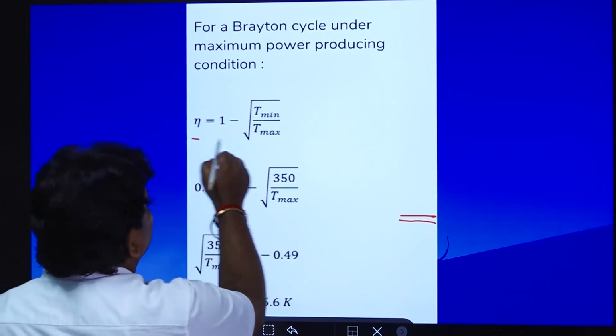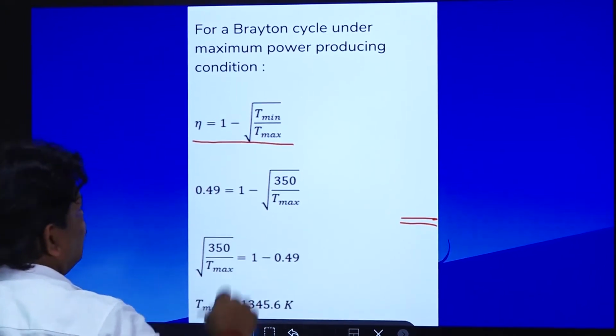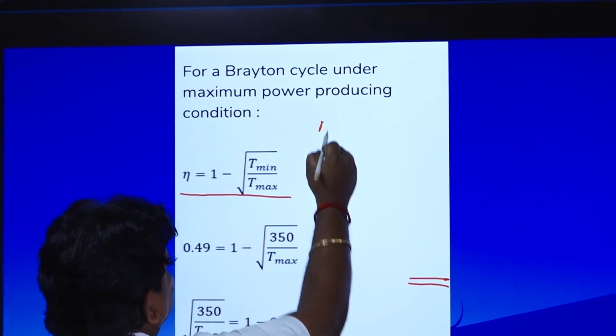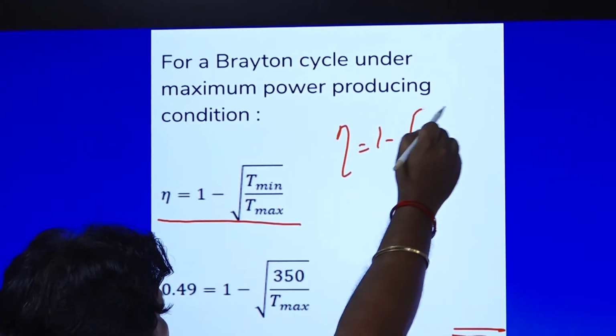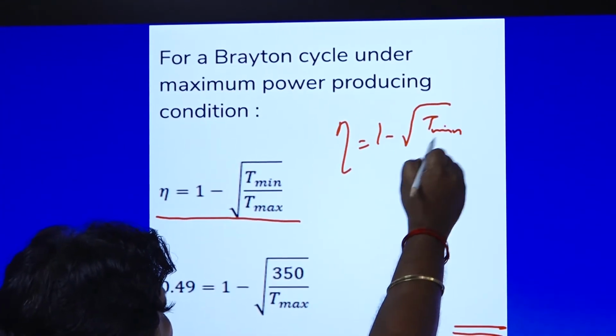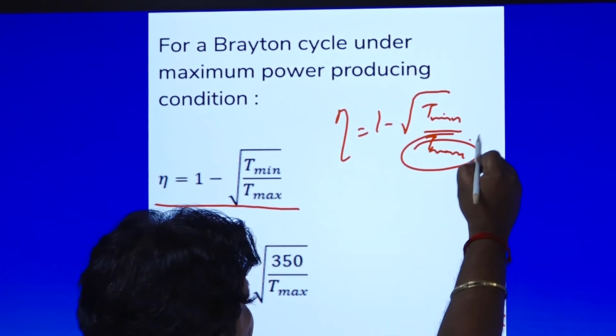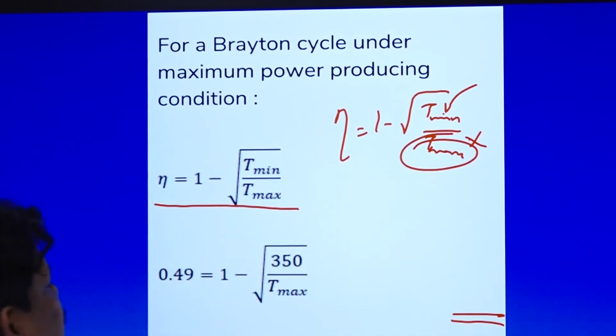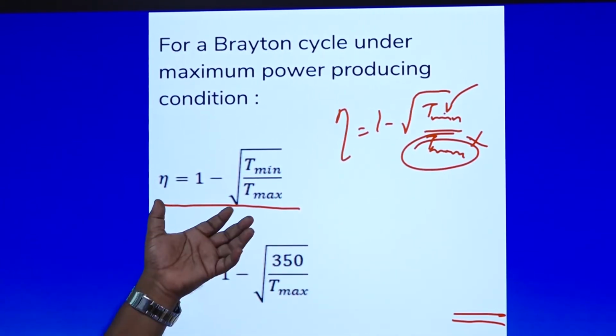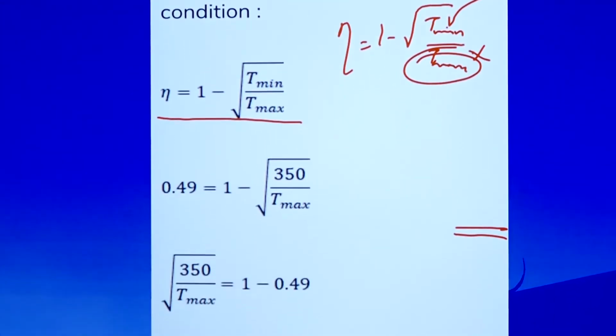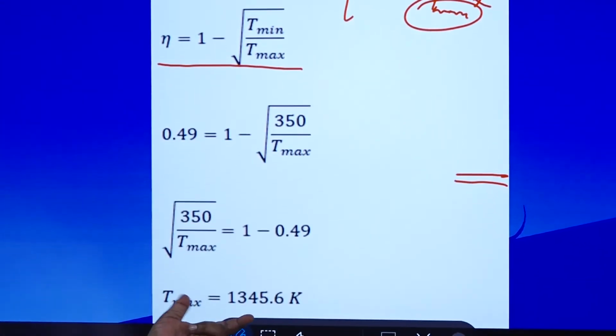The formula to be used to find the maximum temperature is eta equals 1 minus root of T minimum by T maximum. The maximum temperature is what you have to find out. This is a direct formula, so directly substitute the values to get the answer.